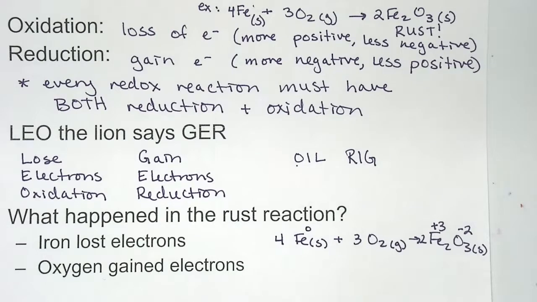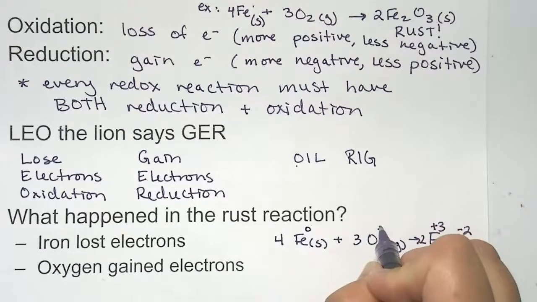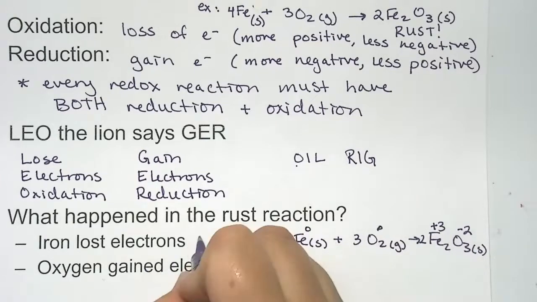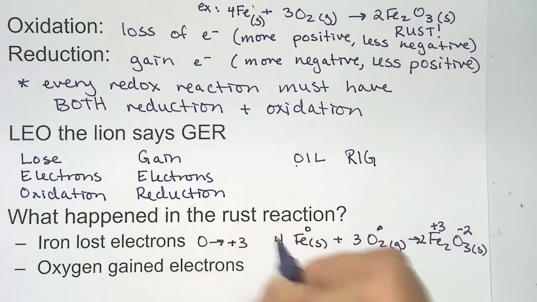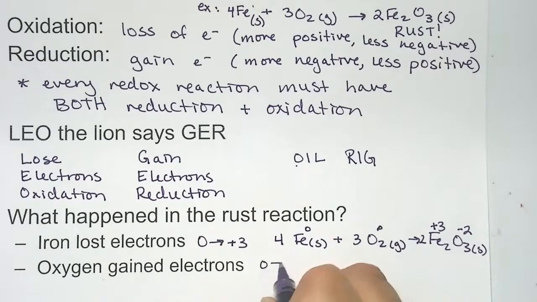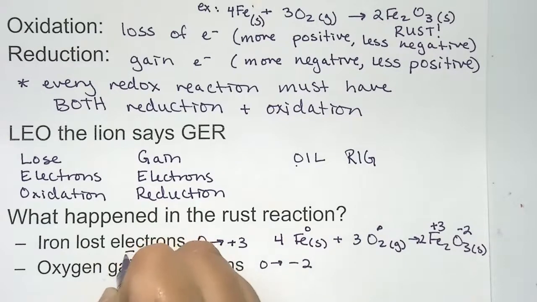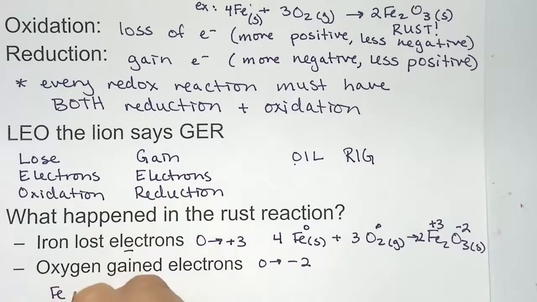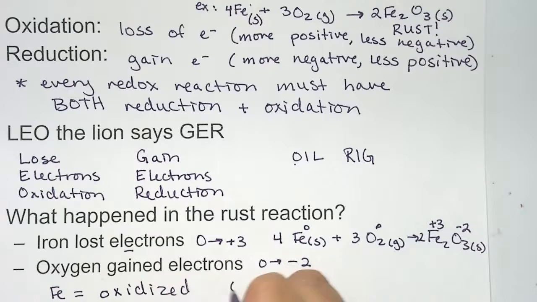Same thing with oxygen, it's 0. So iron went from 0 to +3, so it lost electrons. Oxygen gained electrons because it went from 0 to -2. So iron got oxidized and oxygen got reduced.